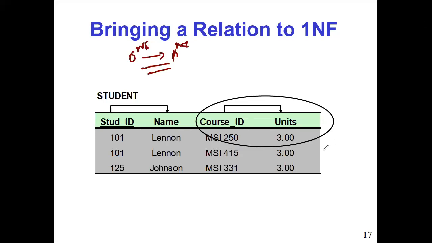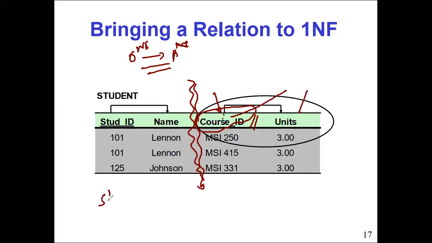Now I am going to do the second part, breaking. Breaking means we are breaking this part. It is a multi-value attribute, and because of this only we are repeating. So we break the table into two. Units depends on this course ID, so these two will be removed.